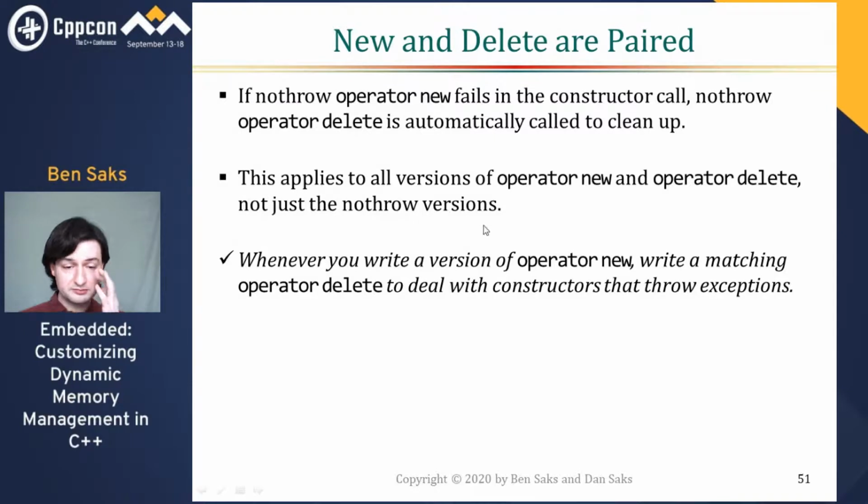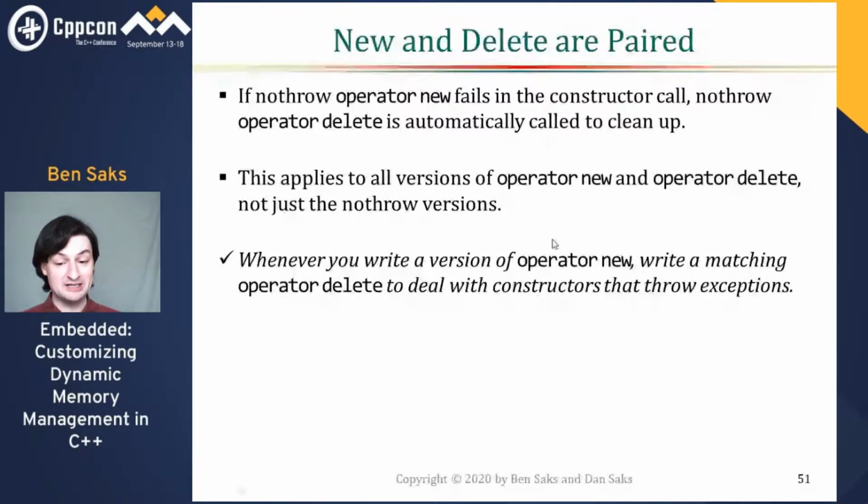So what that means is operator new and delete are always paired like this. If you have an operator new that takes a certain set of arguments, the compiler will find the operator delete that takes the same set of arguments and pair them up in this situation so that if the constructor fails by throwing an exception, the paired operator delete gets called to clean up whatever the original operator new did.